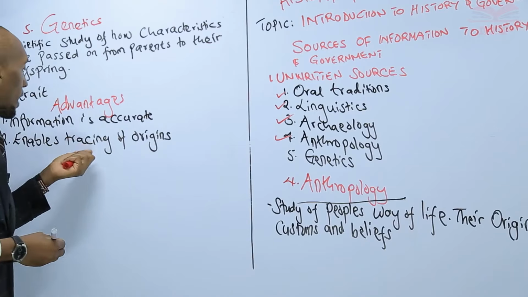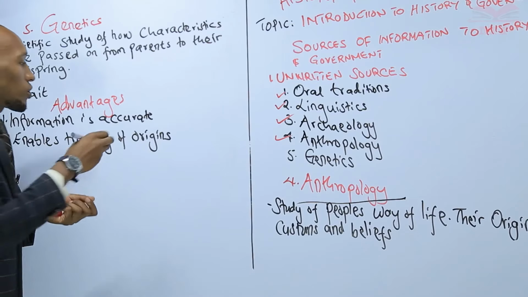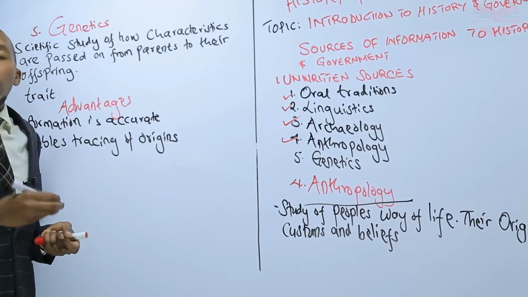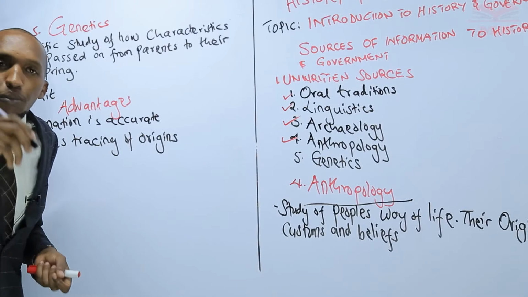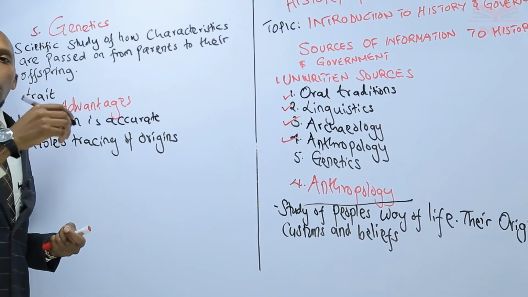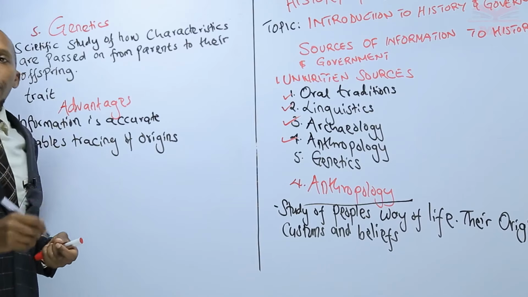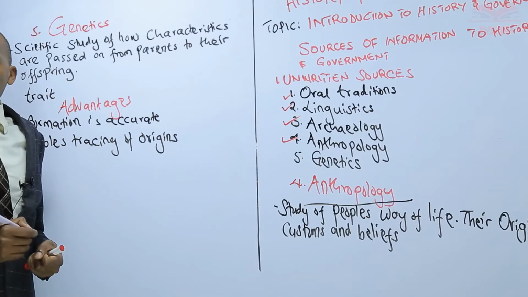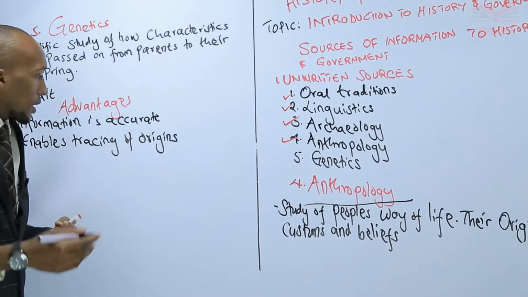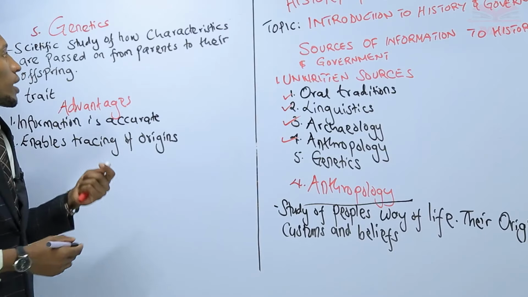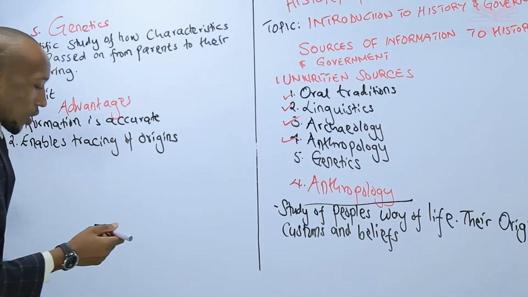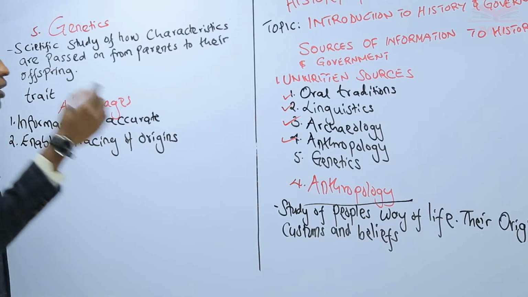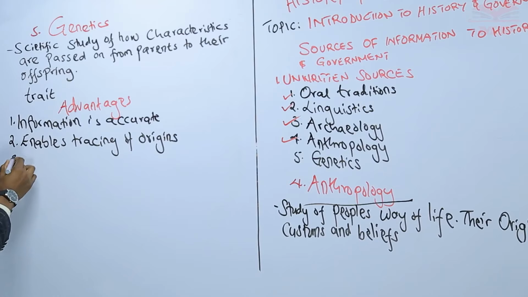So it helps us to trace. If you test the characteristics, you are even able to trace where these black Americans originated from in Africa. Was it North Africa, West Africa or even East Africa? By testing and comparing different characteristics. I'm sure you will discuss that more in biology, and those of you who will specialize as scientists will get more information.